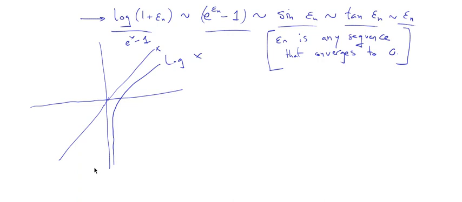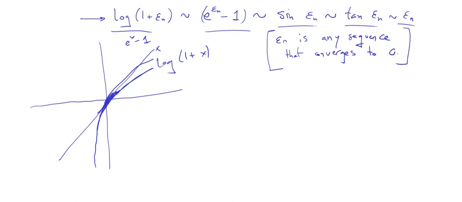Okay, so this will go something like this, and it could grow very similarly to this here, and then there's something like this. Okay, I'm very bad at plotting. And this is the logarithm of 1 plus x, right? So when x is very small, actually the logarithm of 1 plus x is always smaller than x, right? So you have this, they're very similar to each other, okay? So this is what it means for these sequences to be asymptotically equivalent, okay?